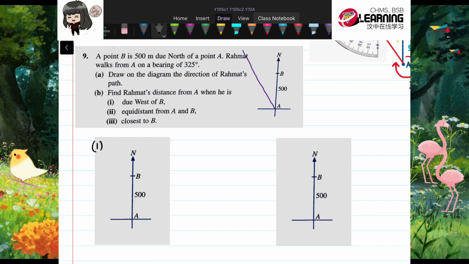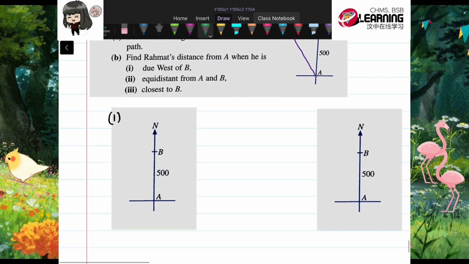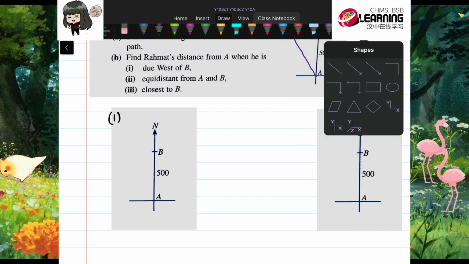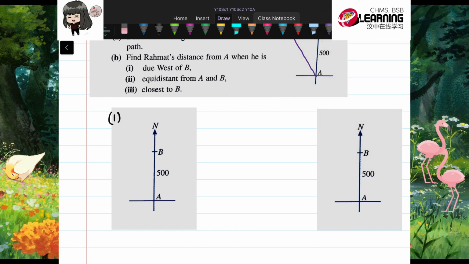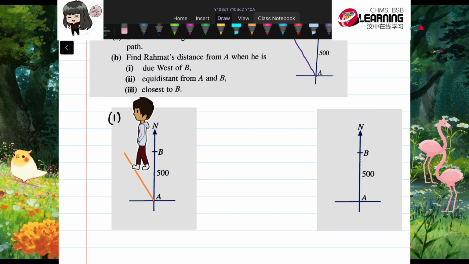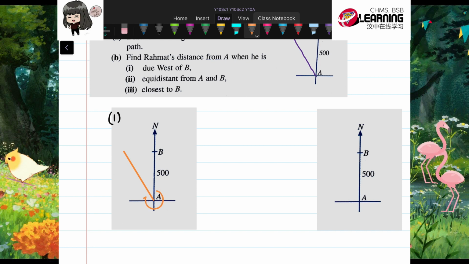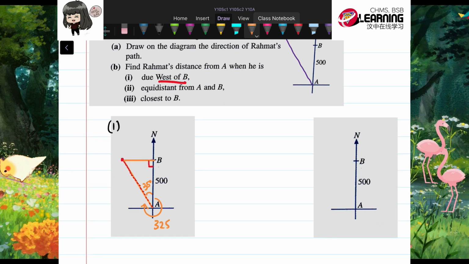So let's look at part 1 first. They say find Rama's distance from A when he is due west of B. Due west of B means B's west. B is here. B's west is this direction. So when we draw our line from A, this is just an estimate, not an exact drawing, because we know this one is 325, so 35 degrees.